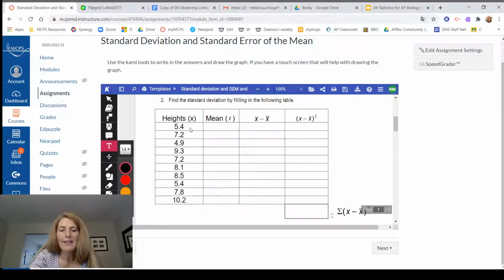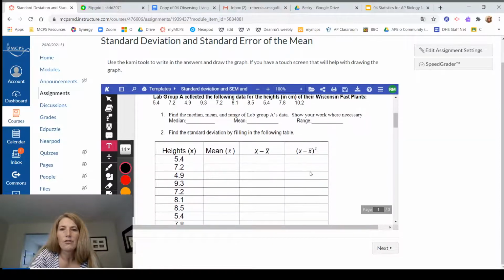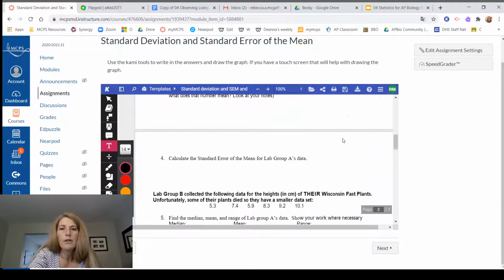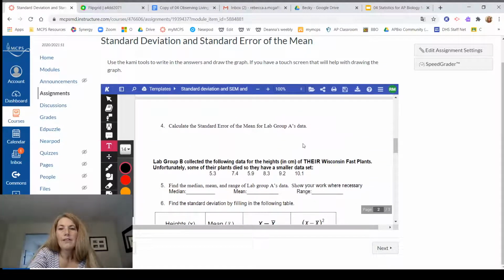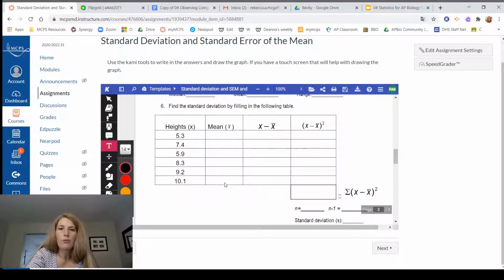The number of n is the number of samples that goes here. N minus 1 is just subtract that. And to find your standard deviation, you've added up all of these. It's this value divided by n minus 1, and then take the square root. Okay? To find the standard error, that is the standard deviation divided by the square root of the number of samples. Do the same thing here for group B. Same value for all the means, subtract it, square it.